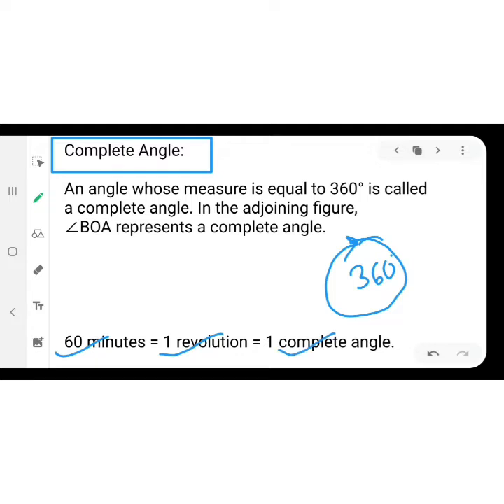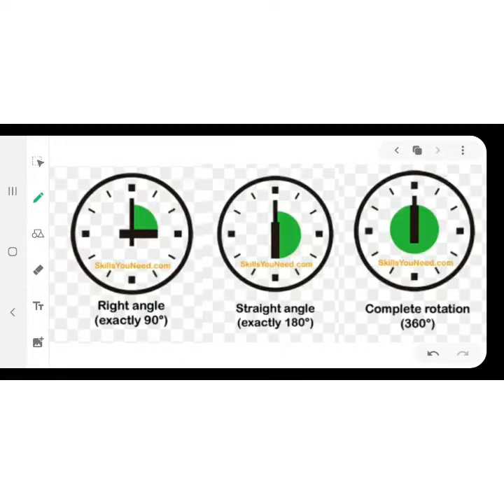So you have to keep in mind that a straight angle is 180 degrees and a complete angle is its double, that is 360 degrees. This is the clock. In the clock, you can see a right angle: from 12 to 3 it is moving, so it is making 90 degrees.